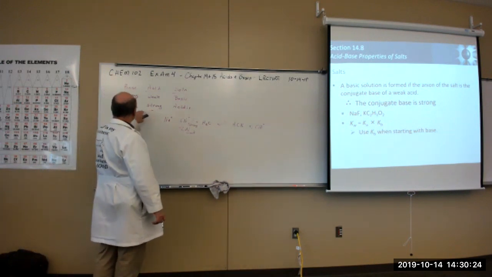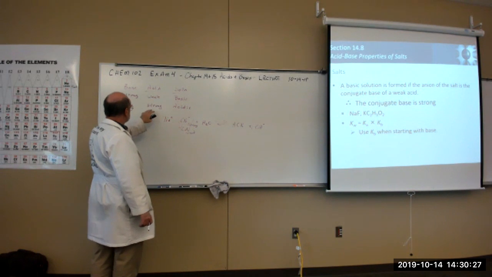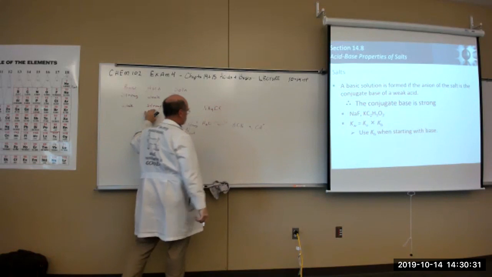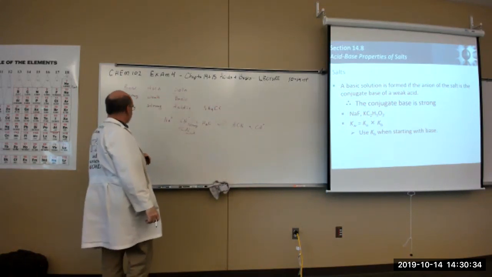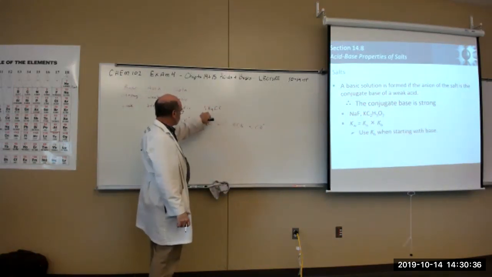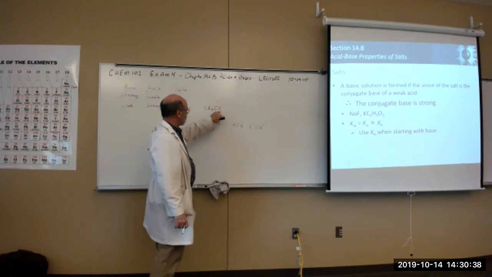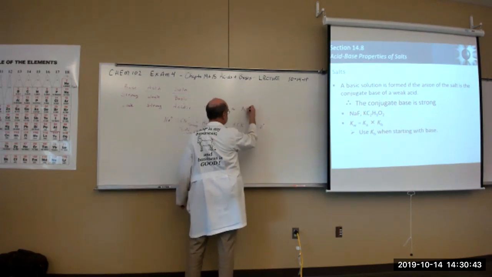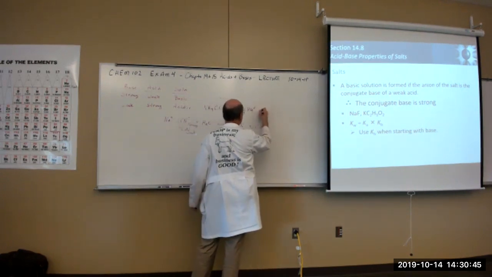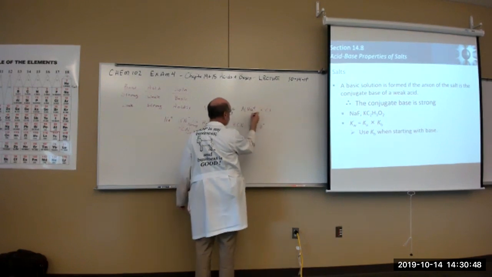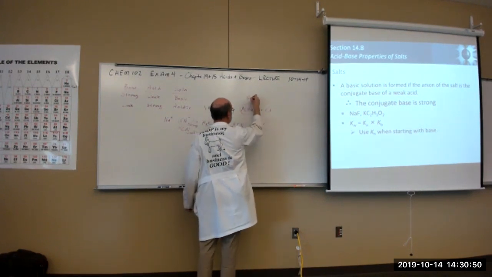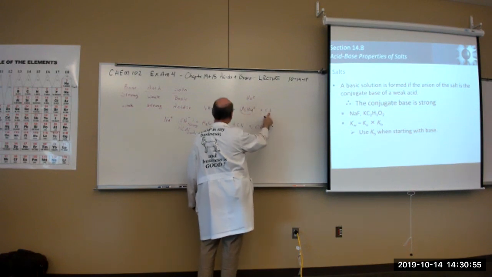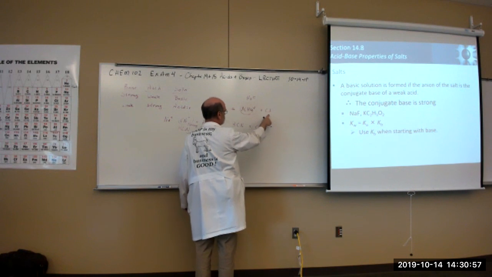Combination of a strong acid and a weak base: ammonium chloride. So this is from a weak base, this is from a strong acid. When it dissociates, it produces this one plus this one, but this one reacts with water. That one doesn't want a proton, right? It's a weak base, comes from a strong acid.